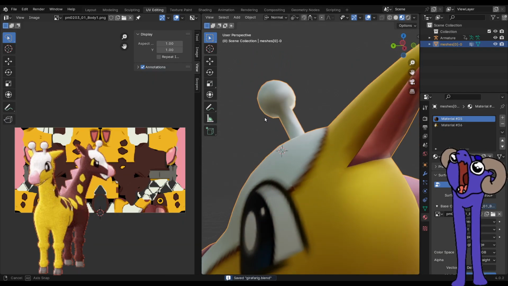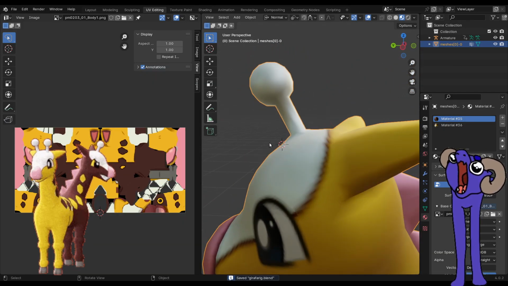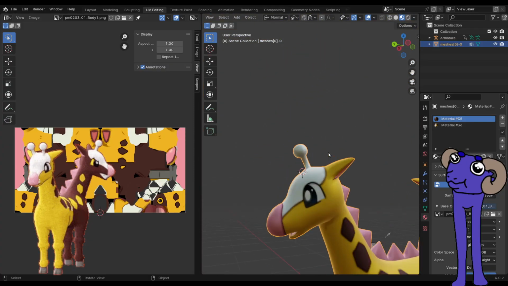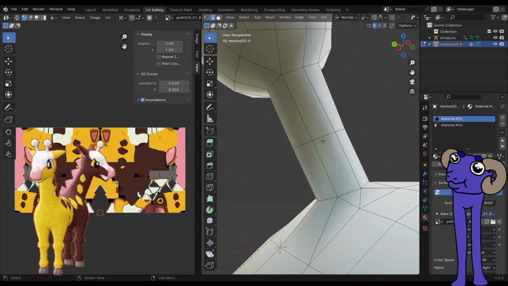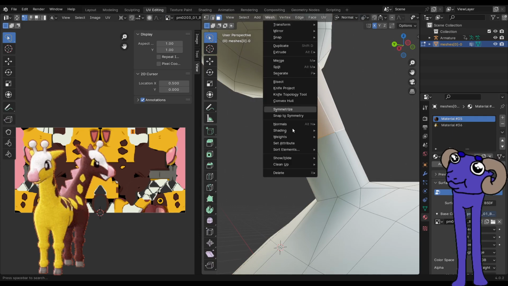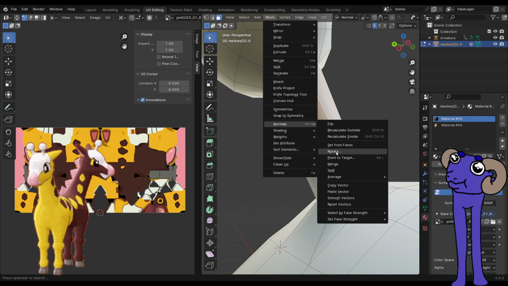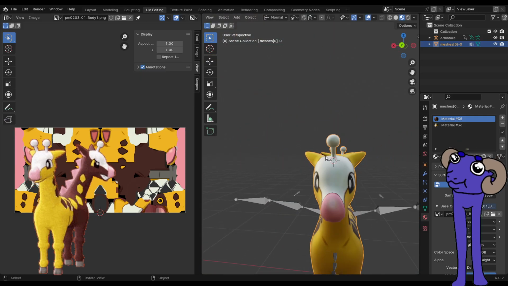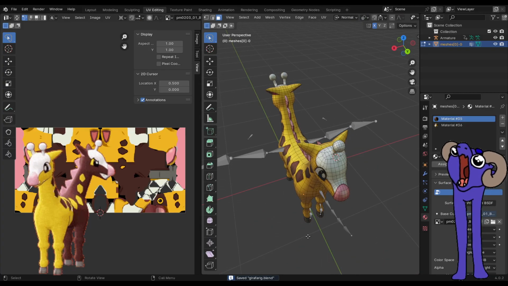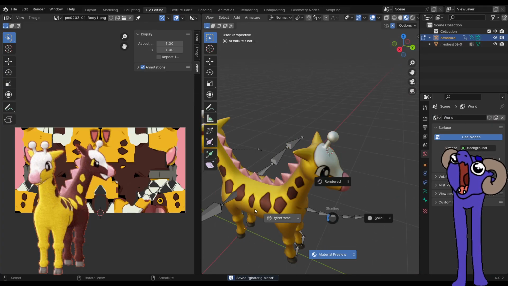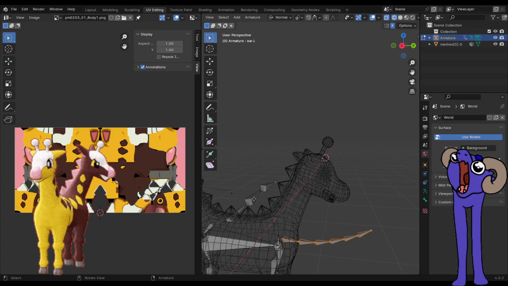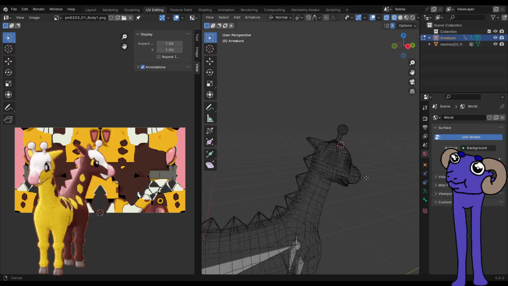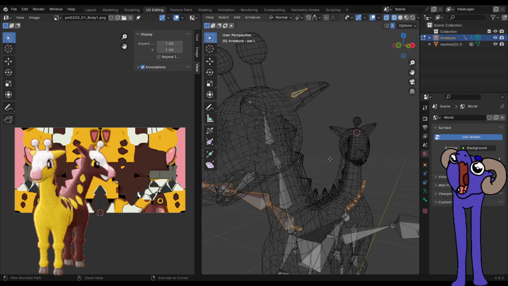Okay, save, because I like what we've got so far. So as I was saying before, we do not need a tail and we do not need wings. I deleted the ears.